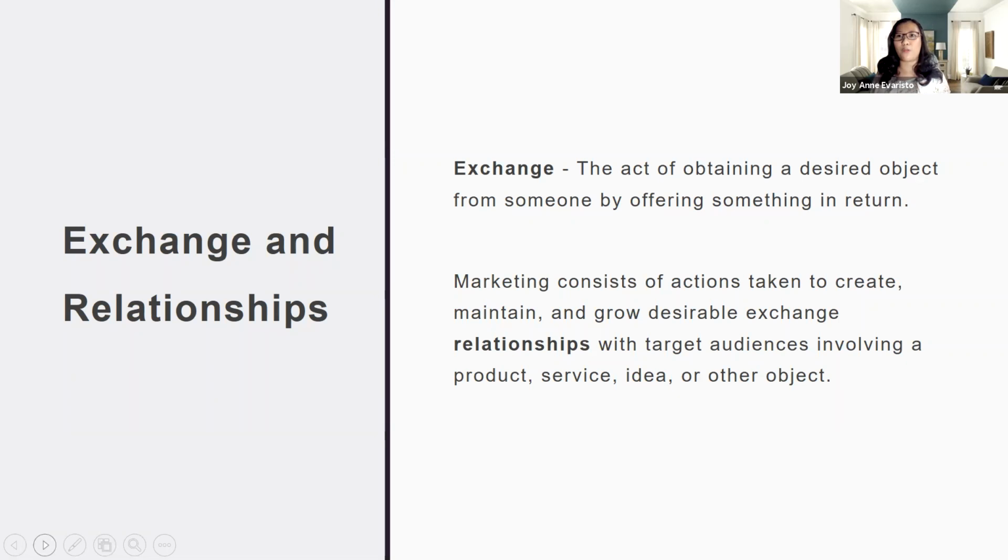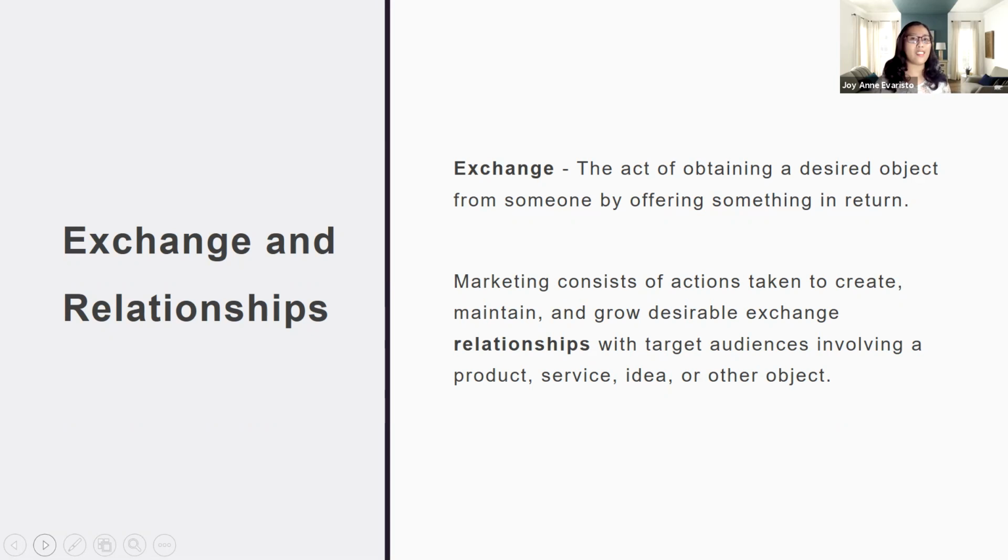Or when you adopt an idea from someone and you share this idea to others, that is also some form of exchange. Or when you give feedback to an organization about the idea or information they are promoting, that is also counted as an exchange.